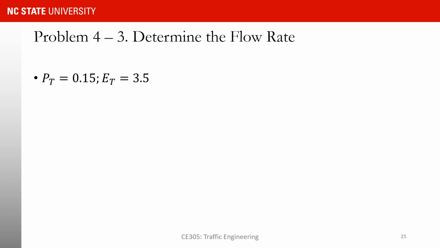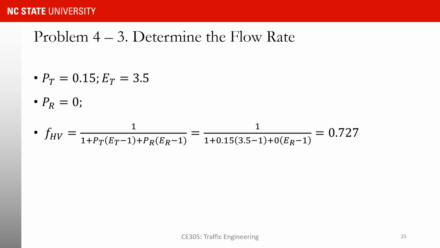So P sub T is 0.15, E sub T, we just found it from the table, is 3.5. We don't have any recreational vehicles or RVs, so P sub R is 0. So we just plug everything into this equation, F sub HV equal to 1 over 1 plus P sub T into E sub T minus 1 plus P sub R into E sub R minus 1.